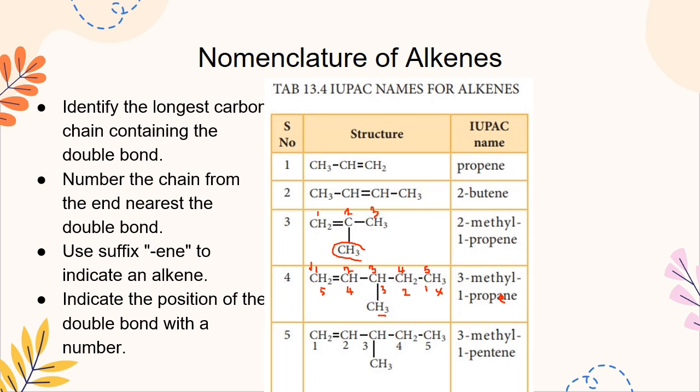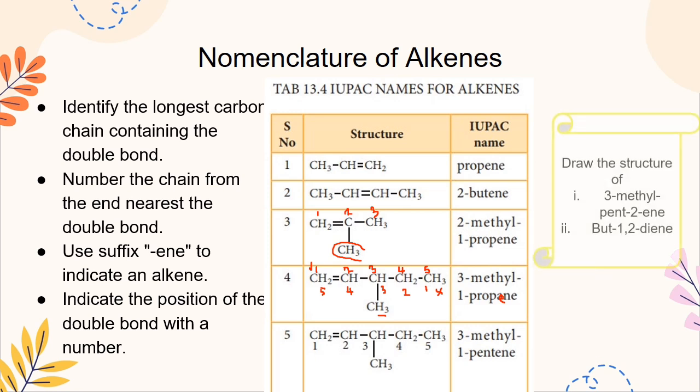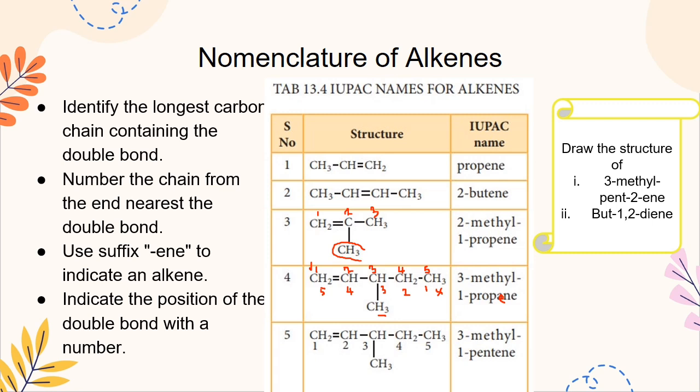In that case, my naming will become 3-methyl-4-propene, which is wrong. I can't have that naming. So the right naming is 3-methyl-1-propene. Okay, I believe you understand this now, and you can try as much as possible to attempt more questions.